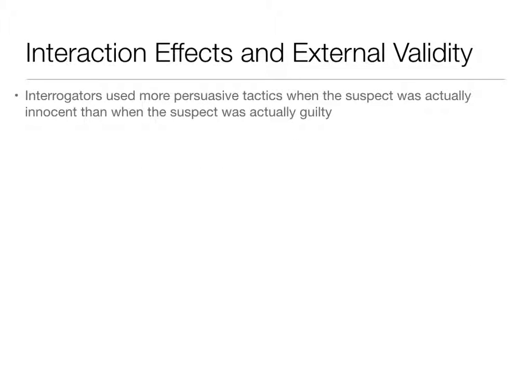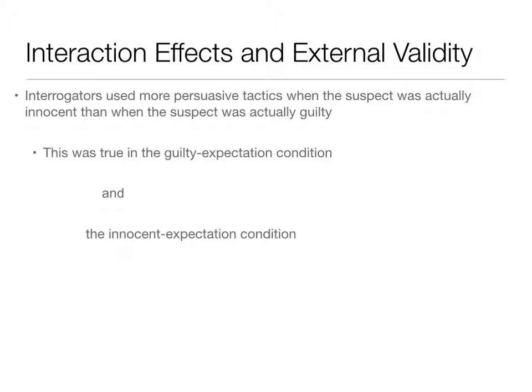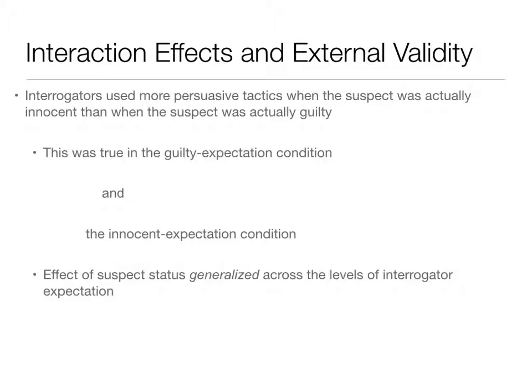An example would be that interrogators use more persuasive tactics when the suspect was actually innocent than when they were actually guilty. And this was true in both the guilty expectation condition and the innocent expectation condition. So again, we're able to generalize this between the two, because there's not that interaction between them.